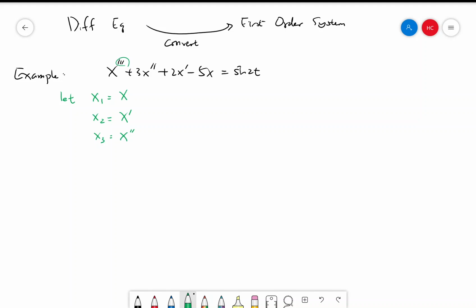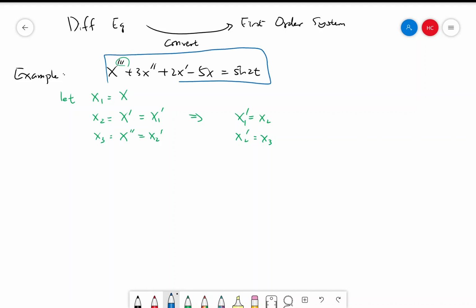Because x1 is x, and x2 is x prime, x2 is automatically x1 prime. Similarly, because x2 is x prime and x3 is x double prime, x3 is x2 prime. So this tells you that x1 prime is x2, x2 prime is x3, and the last equation comes from the original equation.